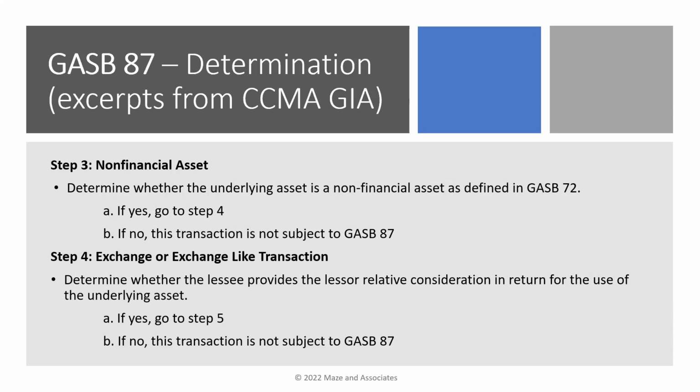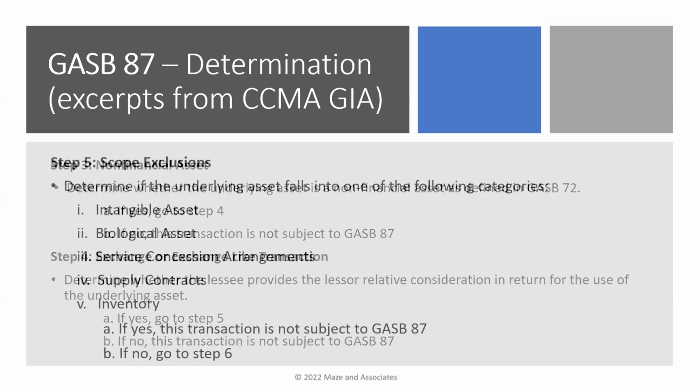It's a little confusing to say, but it means the exchange characteristics of the transaction are strong enough to justify treating the transaction as an exchange for accounting recognition. That's why they use exchange-like. Is it close enough to being that in which equal value is given or received? So that's a key component to the statement as well.